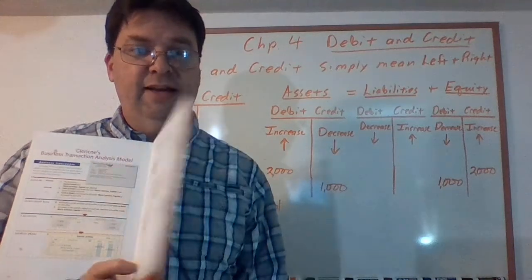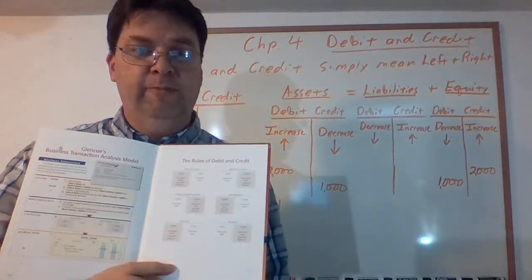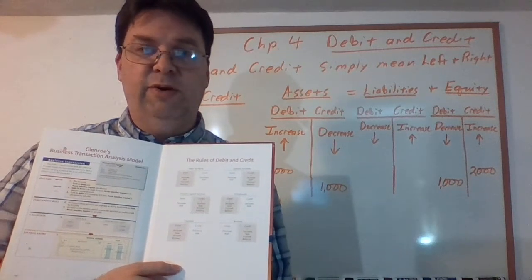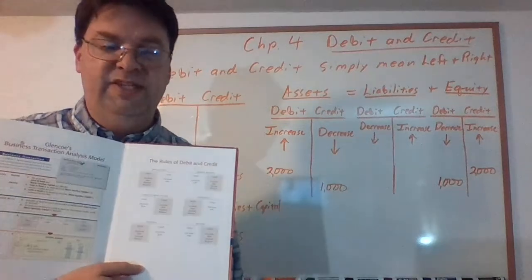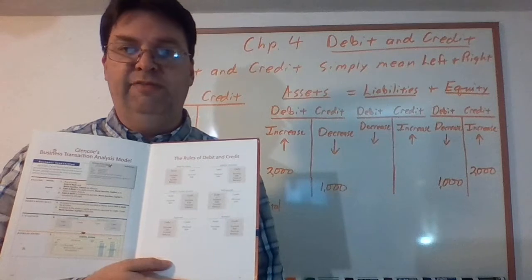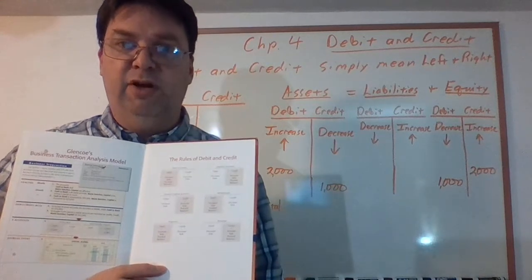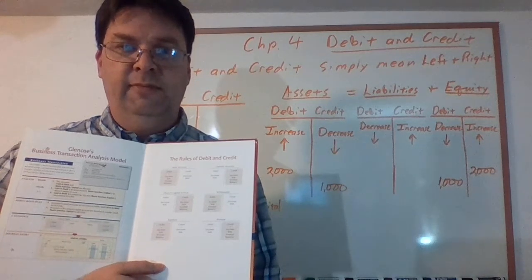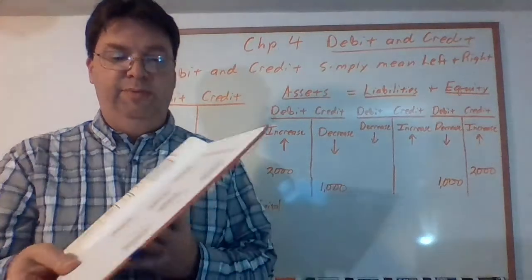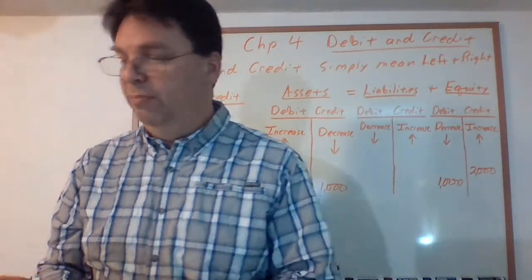Open up the back cover of your book, and there are the rules of debit and credit, because it is so often needed in the early stages of the class that they simply put these on the back cover of the book, so you could just reference them all the time. All right? So that's what we're going to be committing to memory.